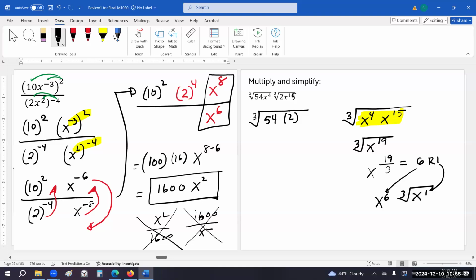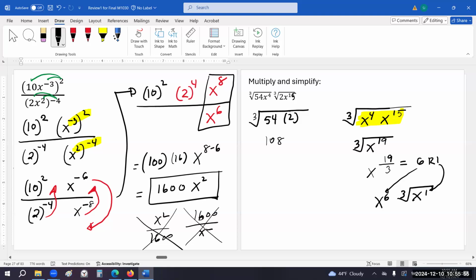Now, what do you think about the other one? Go ahead, Roger. If you want, you can multiply. If you don't want, you can keep everything. Me, personally, I would probably multiply it. 4 times 2, 8, 5 times 2, 10.